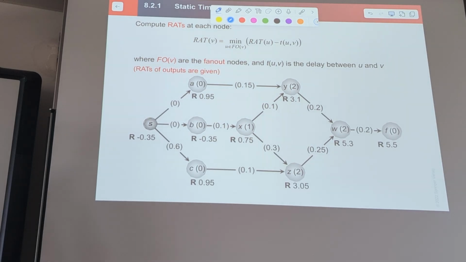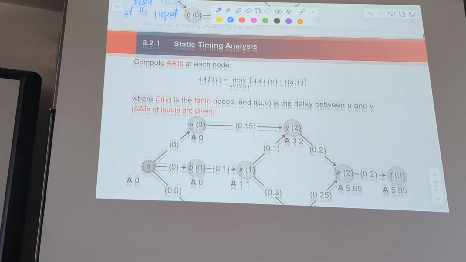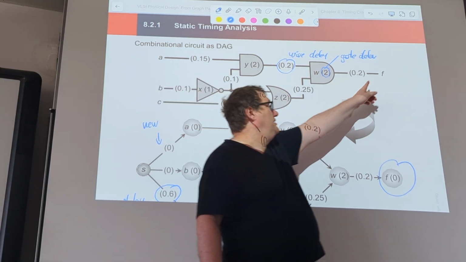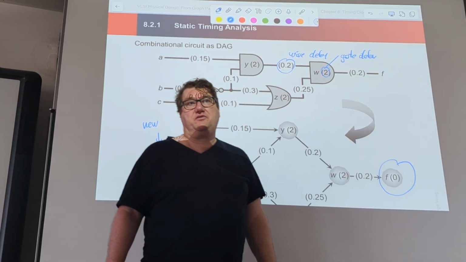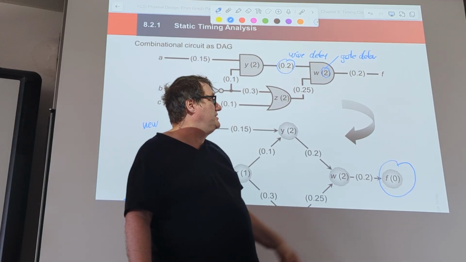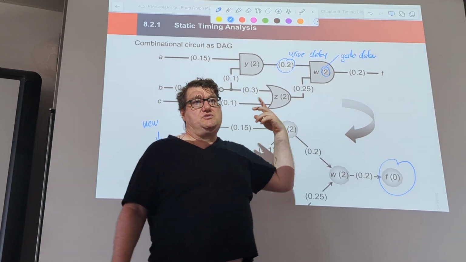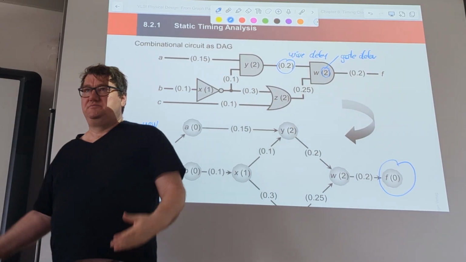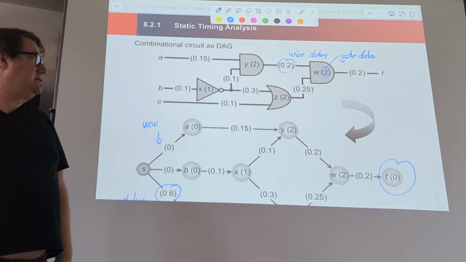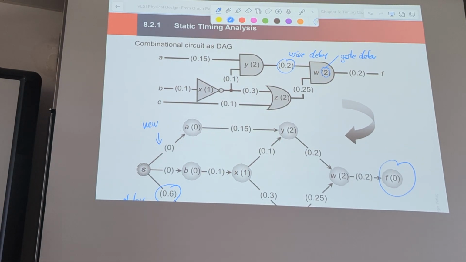That means, going back to the graph, you know that you must be here 5.5 nanoseconds after the rising clock edge, but that means you must be 200 picoseconds earlier at the output of the gate, because the wire will add 200 picoseconds.